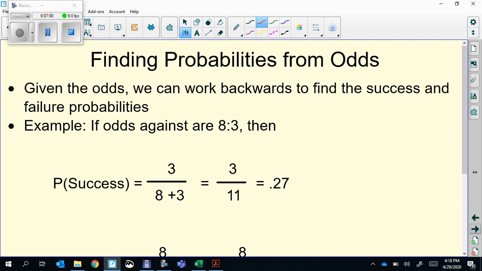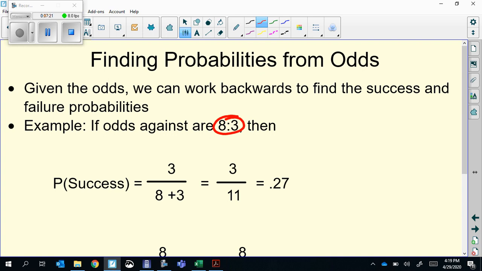Equal chances, equal odds. So given the odds, we can also work backwards and find the success and failure probabilities. If the odds against are 8 to 3, then adding up those numbers will tell us how many total possibilities there are.